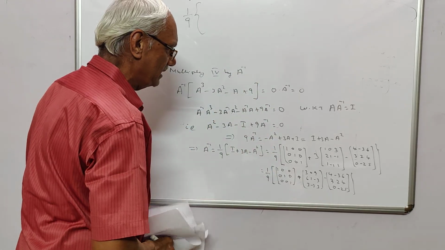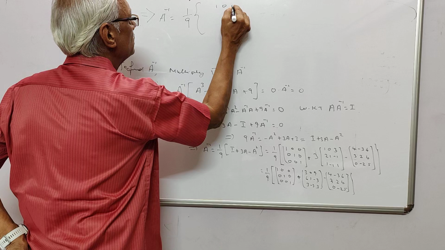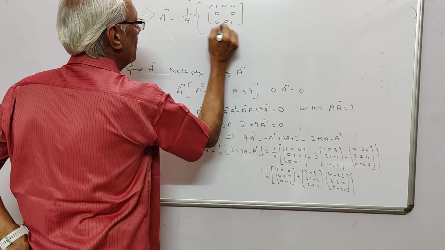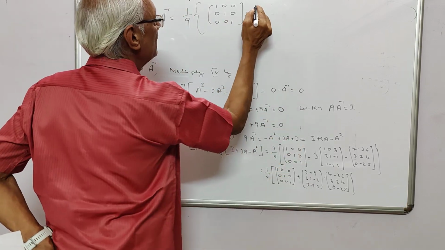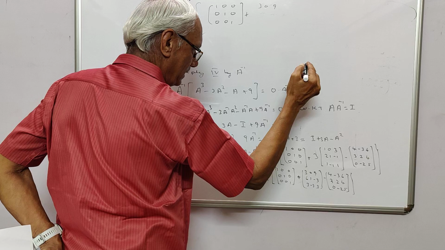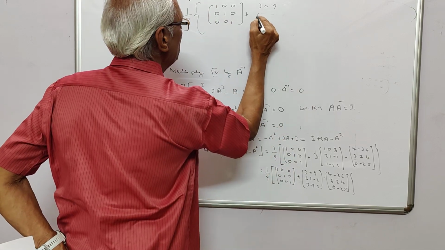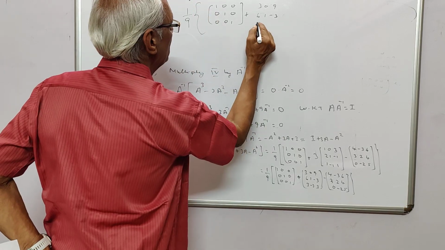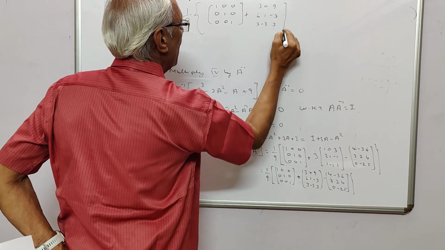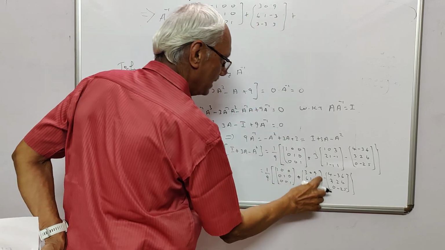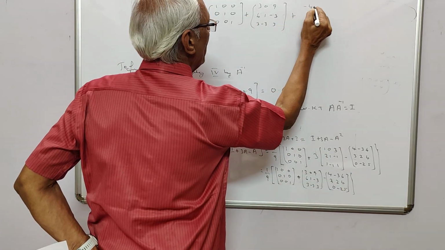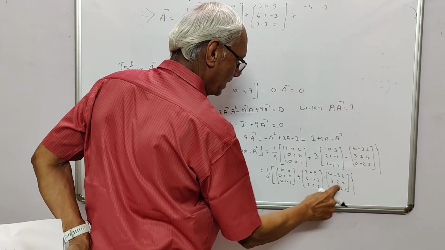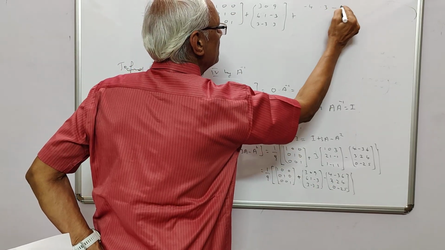So what is that you will get here is 1, 0, 0, 0, 1, 0, 0, 0, 1 plus this is 3, 0, 9 and it is 6, 1 minus 3 and it is 3 minus 3, 3, and this must be added with, take this minus sign inside, it is minus 4, 3, it is 6, see, it is plus 3, it is minus 6.